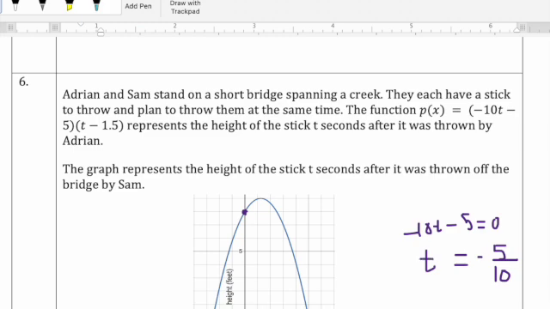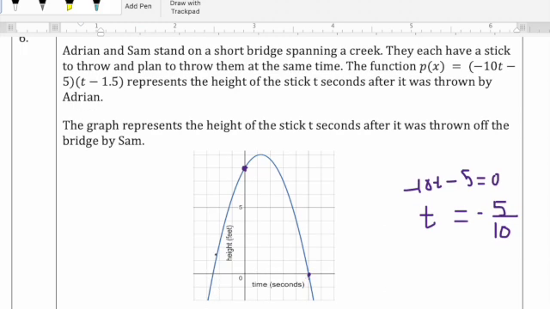So one of our times is on the negative side, so we're not going to use that as part of our situation to find out how long it took. But we do have t equals 1.5, which can be used. And all I did there was set this factor, t minus 1.5, equal to 0, and then solve for t.